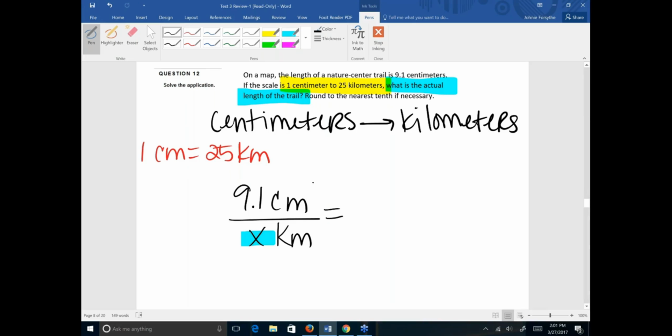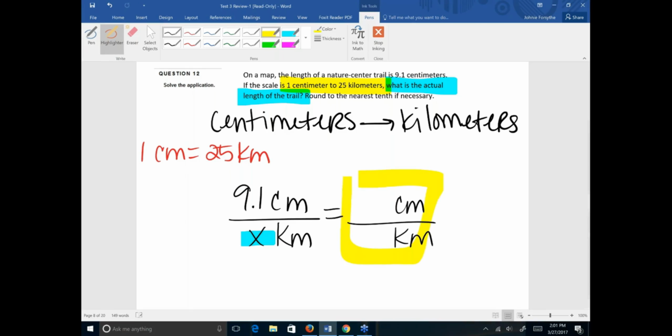And so when we're doing proportions, since we have centimeters at the top, we need to have centimeters at the top in our ratio here. And then we need to have kilometers at the bottom so that they're in the same order. So now our scale is 1 centimeter is proportional to 25 kilometers.